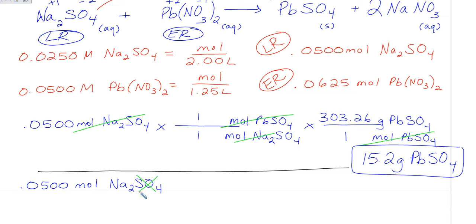He's aqueous on both sides. Okay, so if I had this many moles of sodium sulfate and it's in solution, I actually need to multiply that by 2 to get the amount of sodium ions. So this is really 0.1 moles of sodium plus 1 ions in the solution.